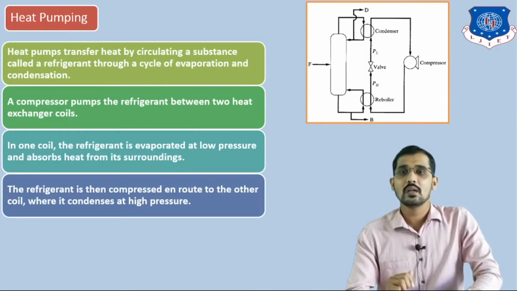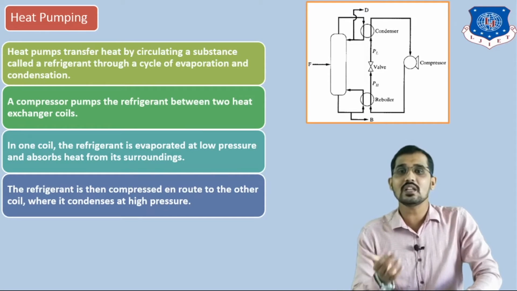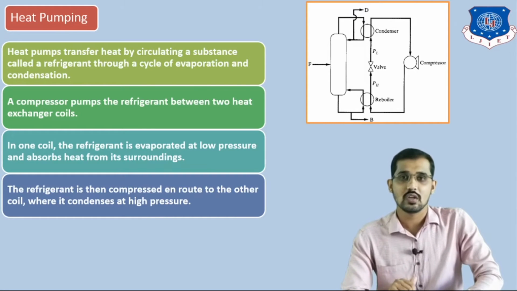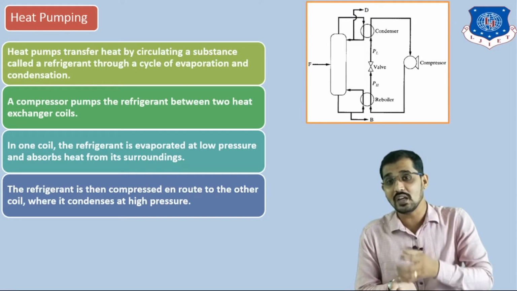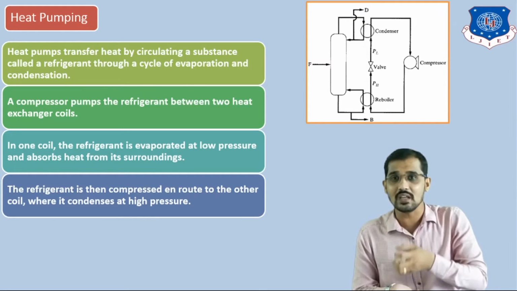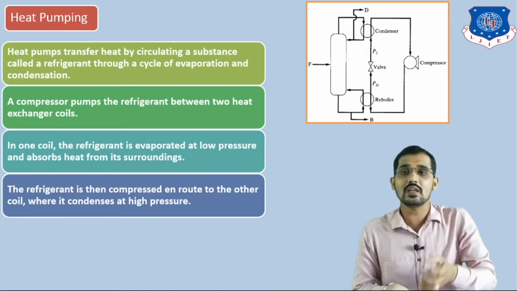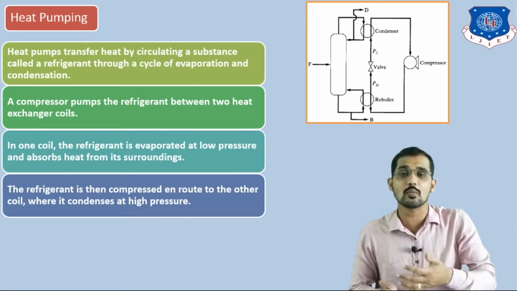So you can see here the refrigerant is then compressed en route to the other coil, that is the condenser, where it condenses at high pressure. Means whatever vapor is generated in the reboiler and whatever heat is absorbed from the surroundings by the refrigerant, that whole thing is transferred to the compressor, where it is compressed to high pressure. Means ultimately we are increasing the temperature of the vapor.